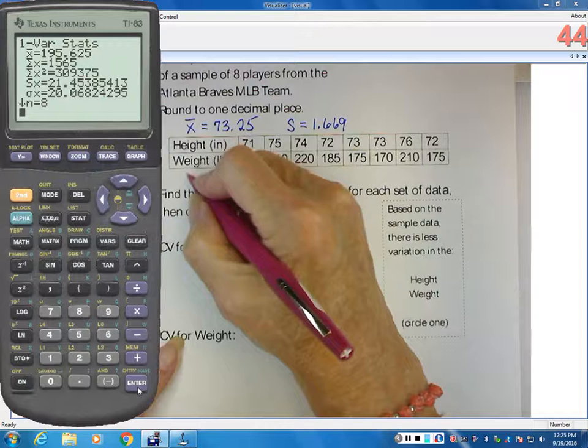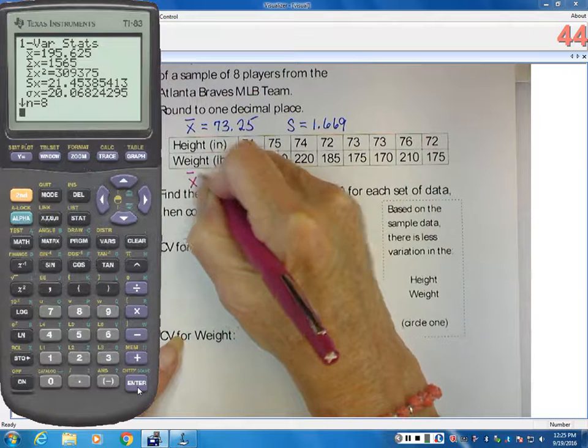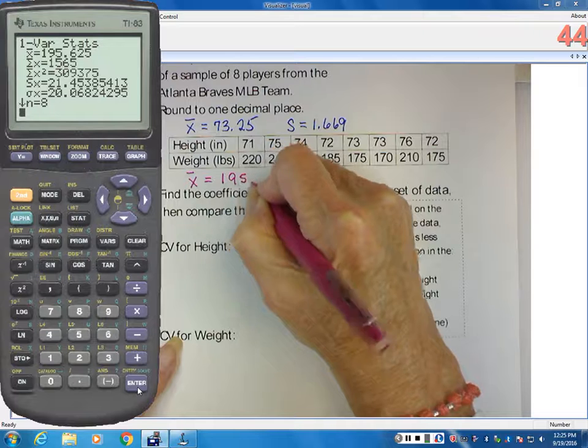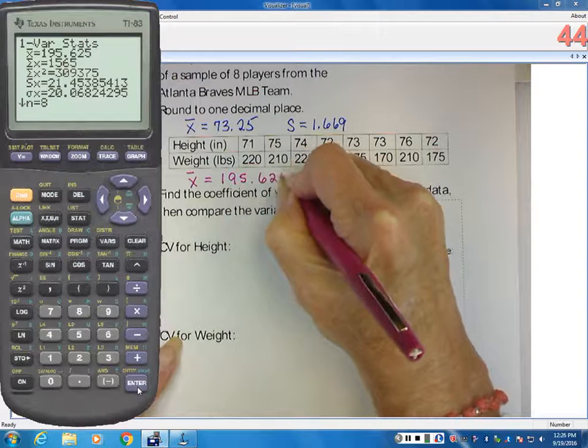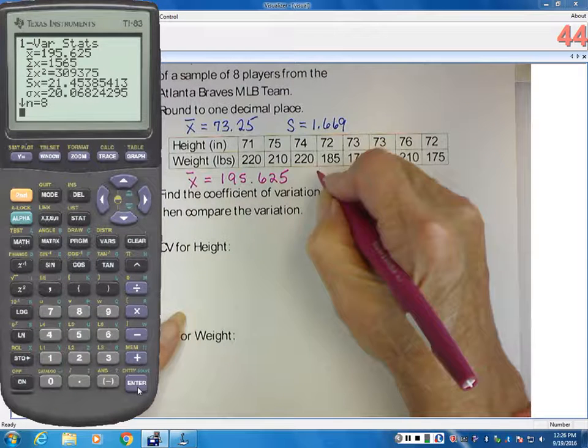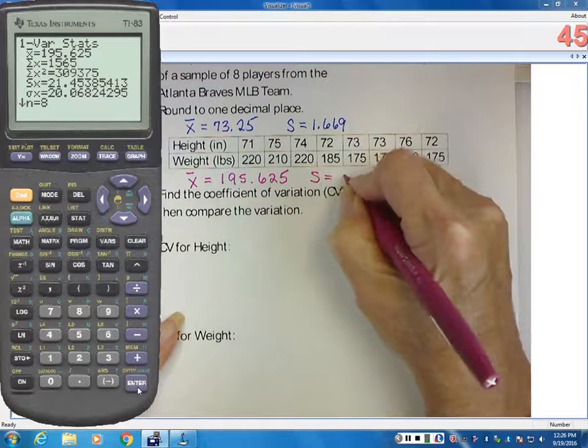I'm just going to keep all the decimals. And the standard deviation is 21.454.